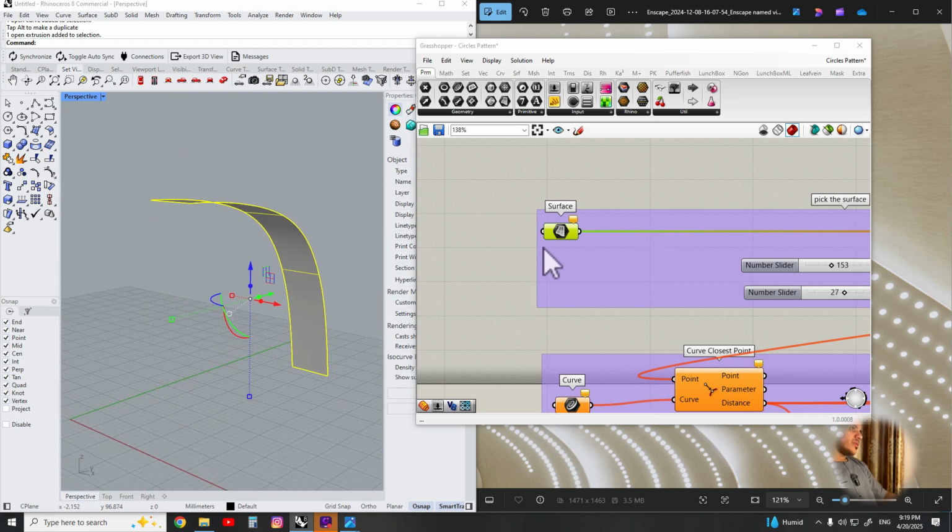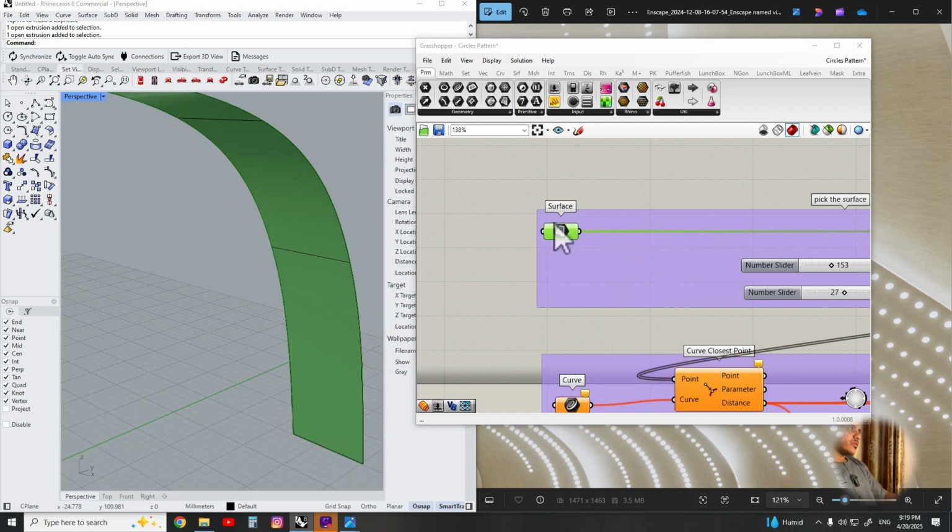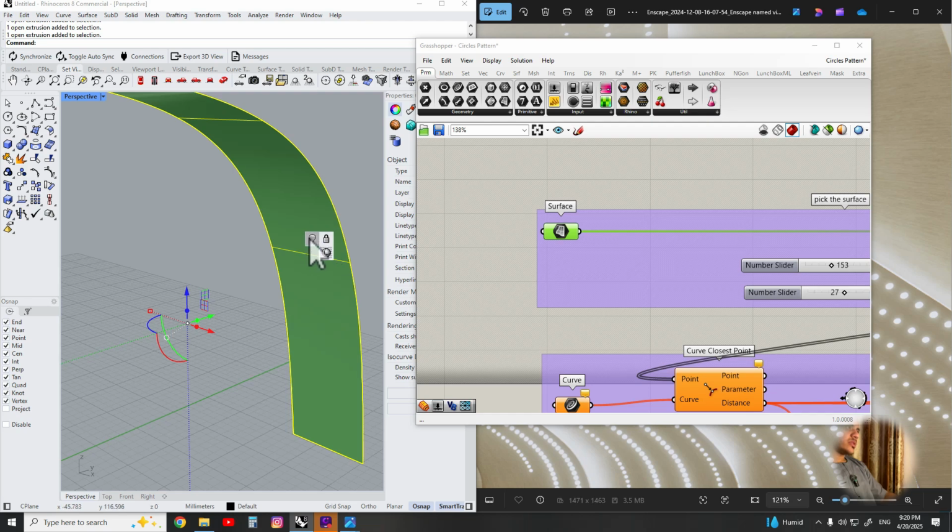This surface should be a NURBS or poly surface. SubD is not working. If you have a SubD, make sure to convert it to NURBS first. Then this is our surface. Pick the surface. Let's hide this.